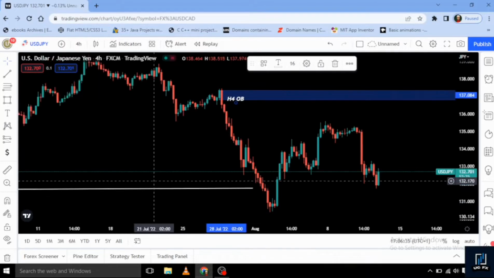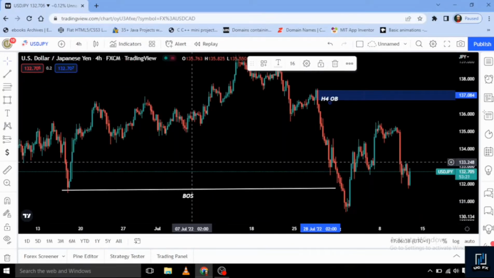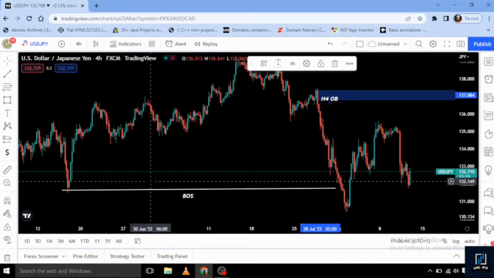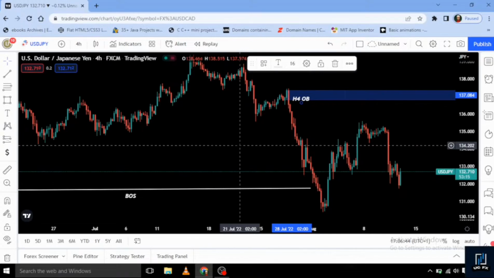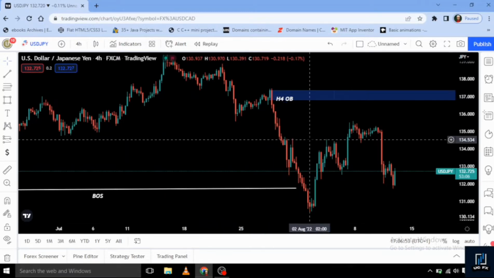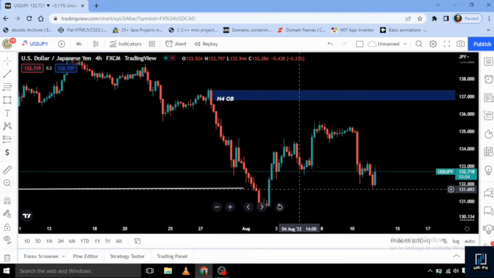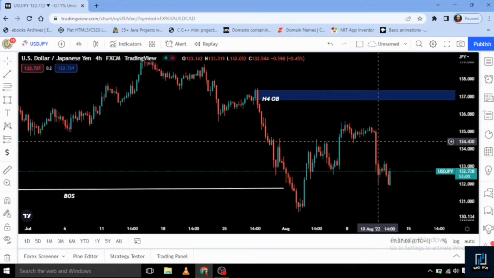So, two objectives met: order block formation and break of structure. Then after that, what do you want to see? You want to see a grab of liquidity and price coming back to your order block or your discount levels. Let me explain that. Before price would come back to your order block, there must be liquidity.